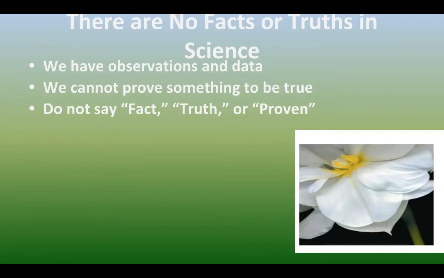But again, if 97% of scientists say that global warming is occurring due to human actions, 97% is a pretty good number that we are part of the problem. If something were to happen 97% of the time, like you came to school and failed a test, you're not doing so well, you're probably not going to pass school. So again, those numbers are what we rely on for our data.